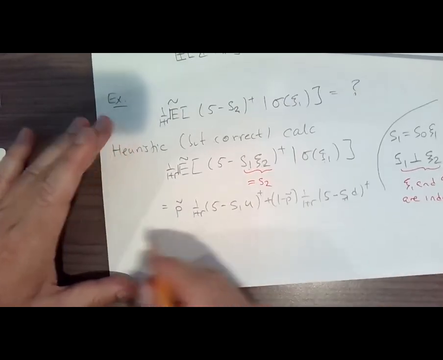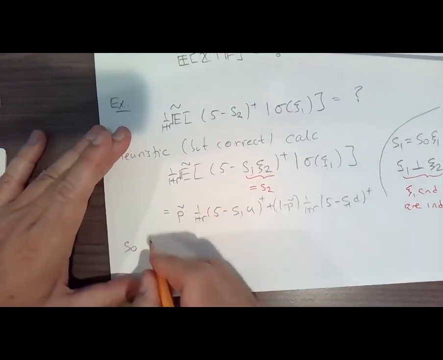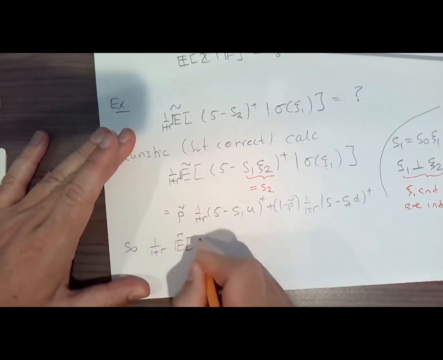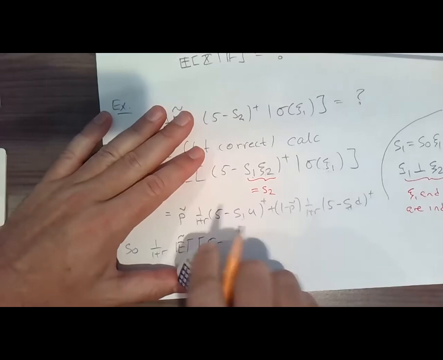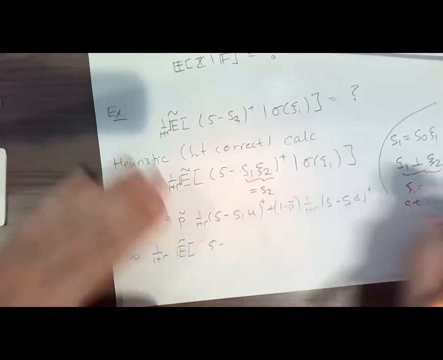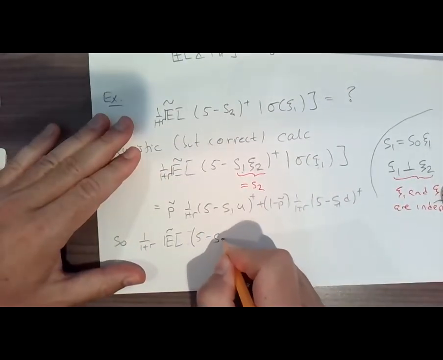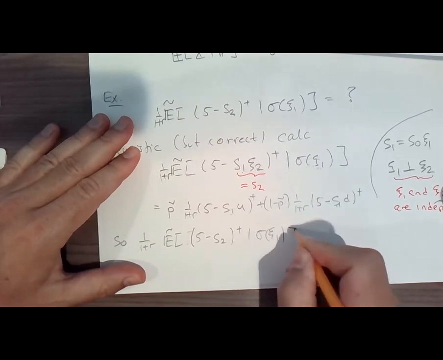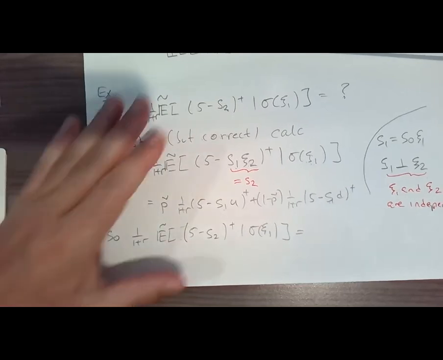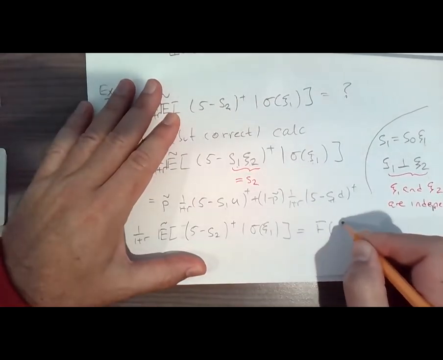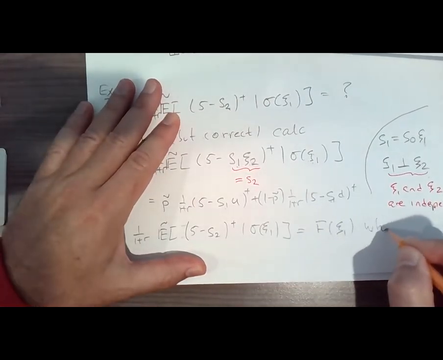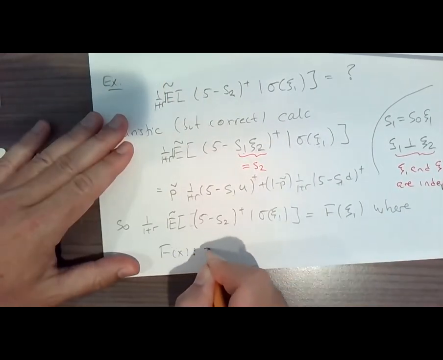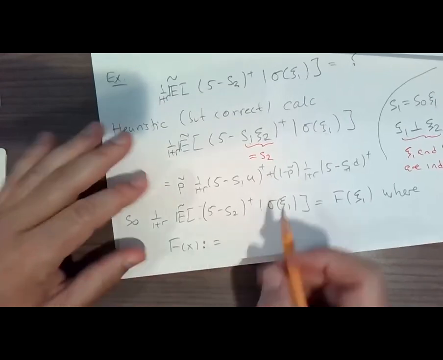So the conditional expectation of 1 over 1 plus R times 5 minus the stock price at time 2, given psi1, is a function, so let me call it f of psi1, where f of x, this function here, is this long mess.